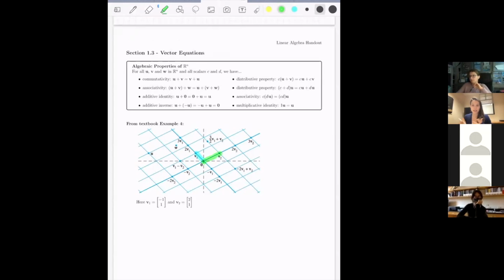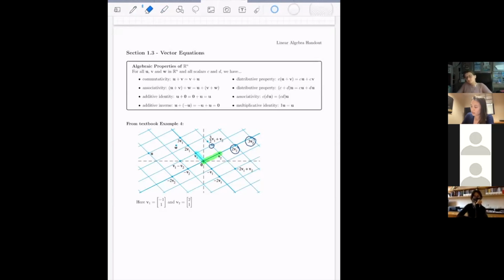That grid that you see is all of the integer linear combinations that you could make. So you could do 2 times V2, and that'll get you to this point. 3 times V2 will get you to this point. If you add a copy of V1, say V1 plus V2, will get you here, and so on.